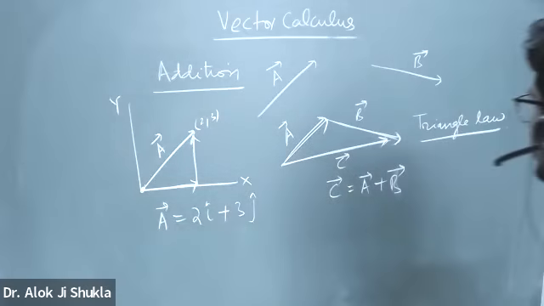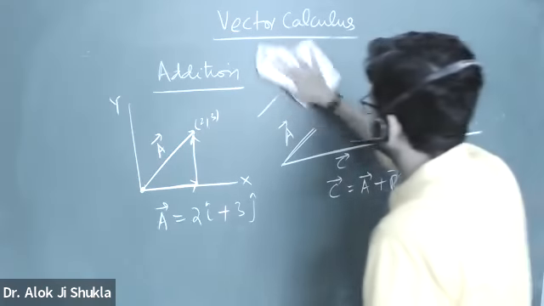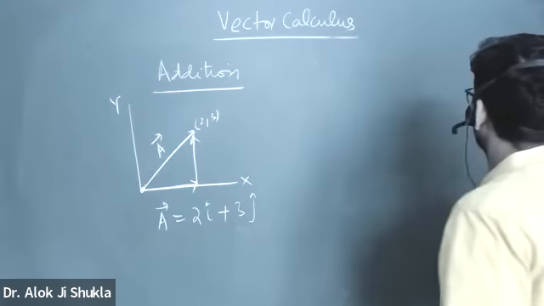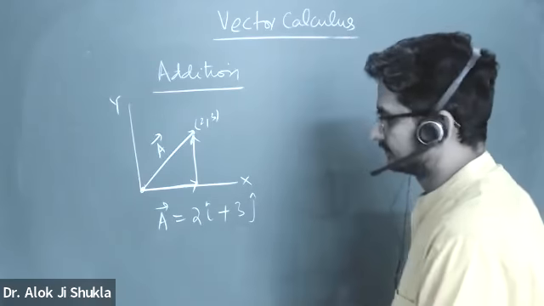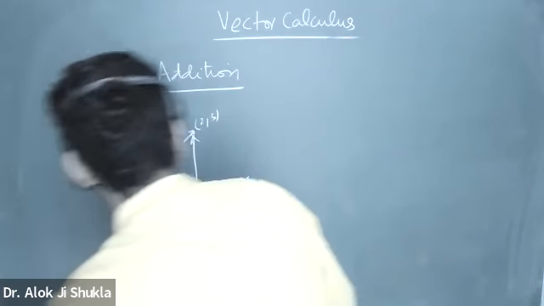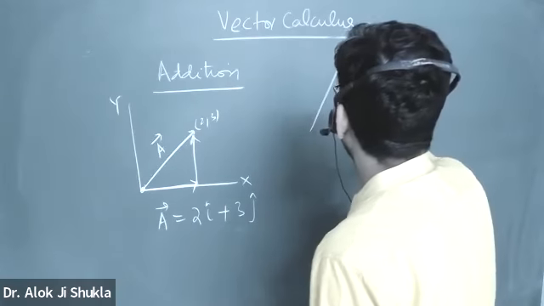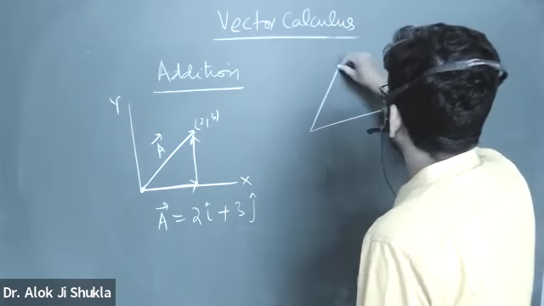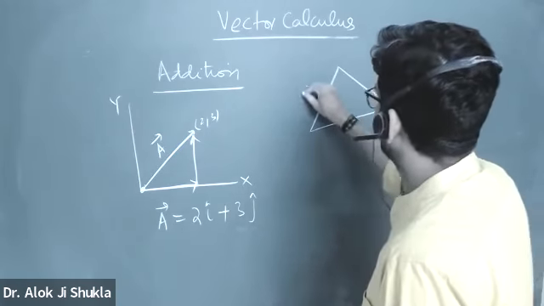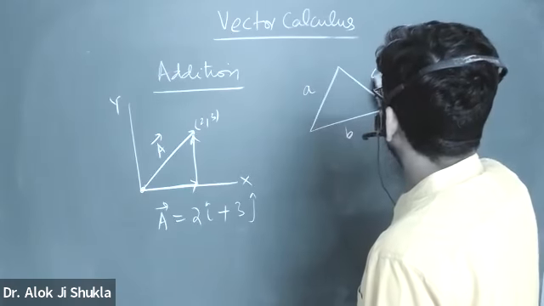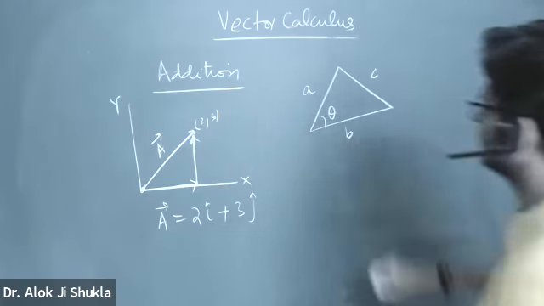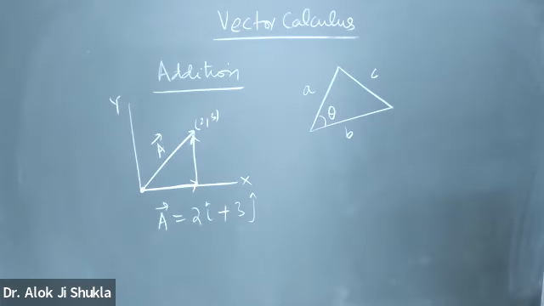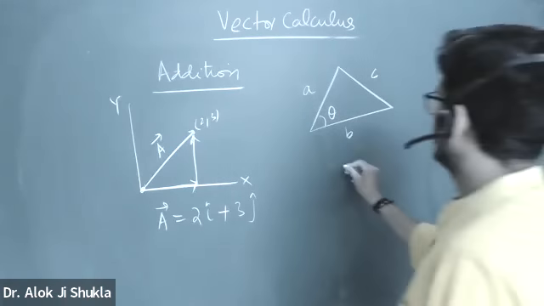If you want to know the magnitude of the vector, what is that? So suppose you have 3 vectors like this, this is A, this is B, and this is C, and this is theta. So sometimes this is required. So what is C square equal to?